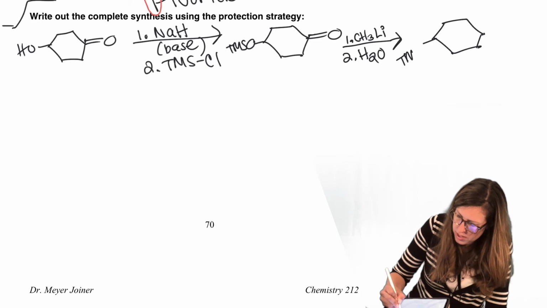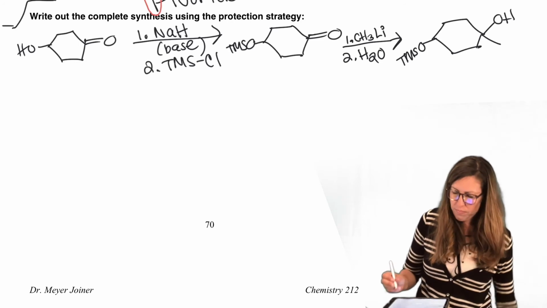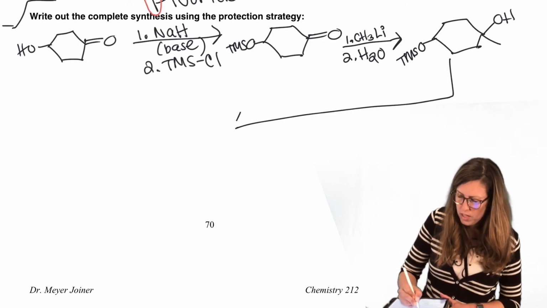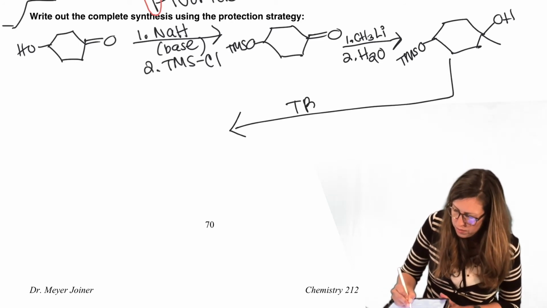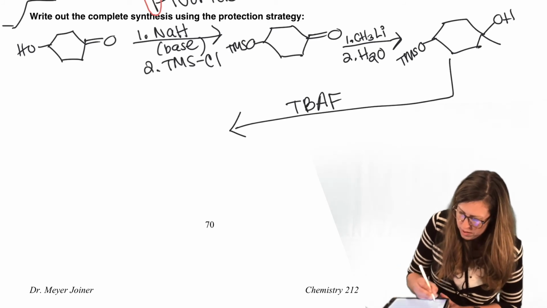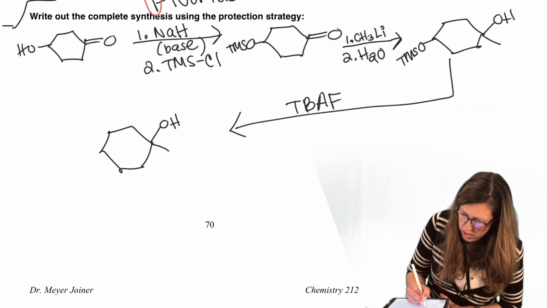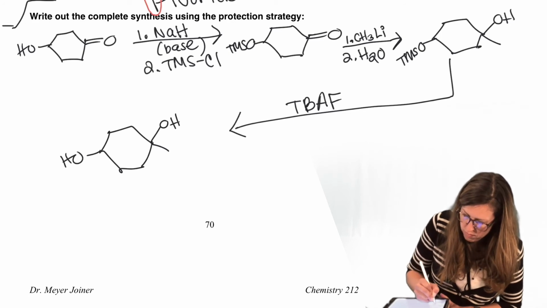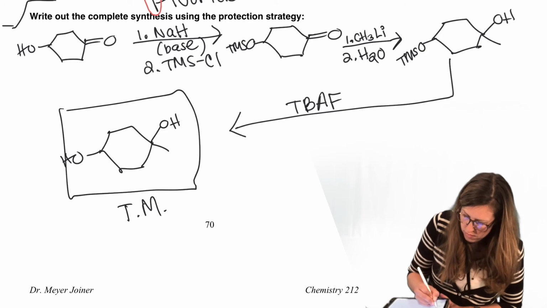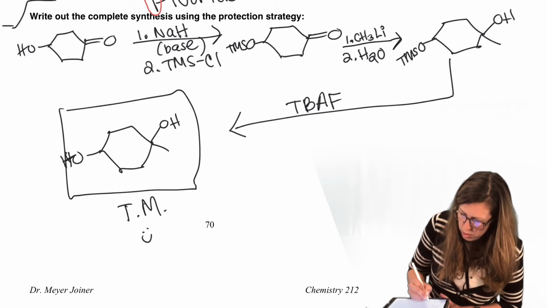That leaves this alcohol in disguise alone. And we have our methyl alcohol here. Take off the protecting group with TBAF. And we are at our target molecule. Which is always a happy moment, right?